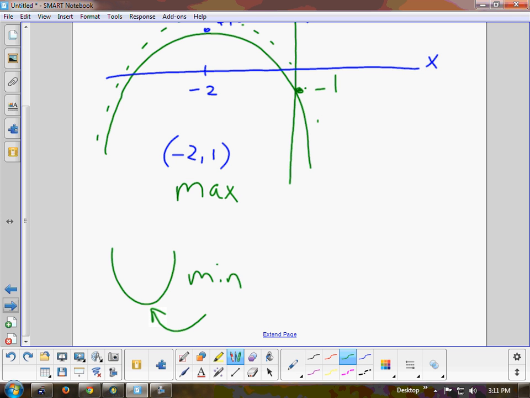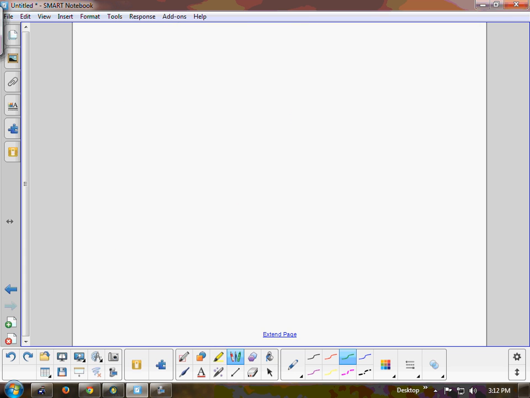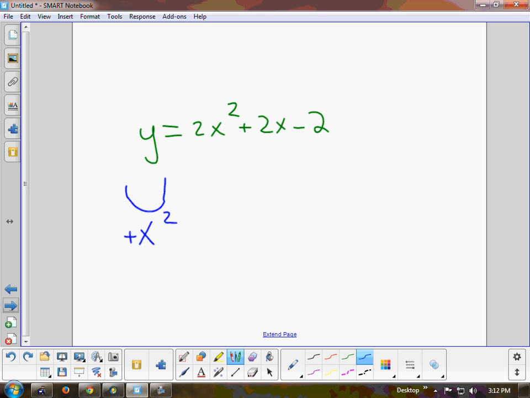Okay, number 6, it says to graph it. Now, instead of making a chart for this, let's first write it as y equals 2x squared plus 2x minus 2. So first of all, what do we know about this graph? Is it happy or sad? Okay, it's happy because there's a positive 2 out front.